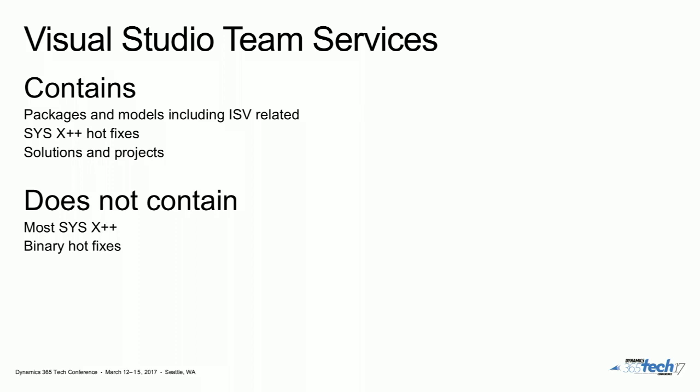Platform binary hotfixes have thousands and thousands of files, registry stuff maybe, all kinds of stuff. The only stuff that really goes in VSTS is X++ and binaries that are there instead of X++, like an ISV binary. Things that you need to do a build, basically.